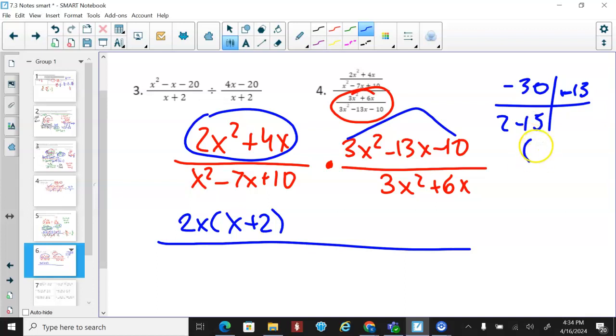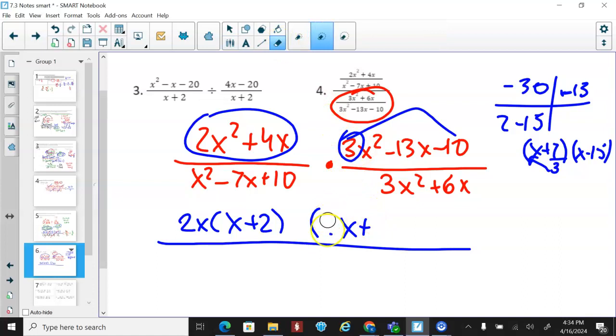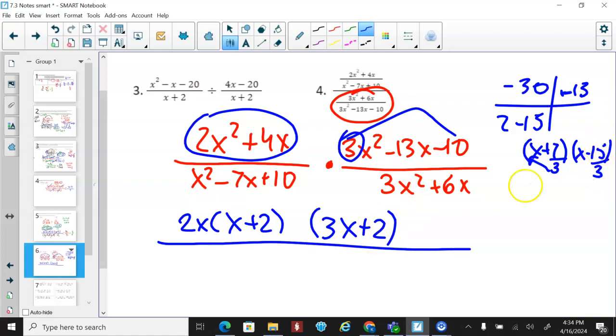Okay? But now remember that we have a 3 as a leading coefficient, so x plus 2 and x minus 15 divided by 3. 3 goes in here. So that means the first factor is 3x, I apologize, plus 2. And the second one, it's divisible, so that's x minus 5.